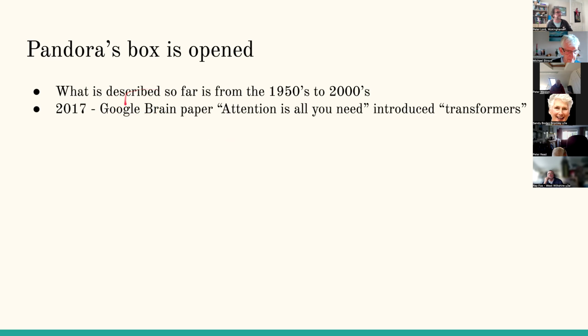So this group inside Google produced a paper called Attention Is All You Need. And this completely rocked the whole artificial intelligence industry, just blew it up. In that paper, they introduced a new type of layer called a transformer. And this layer of artificial neural networks enables generative AI, this new type of artificial intelligence that we see today.